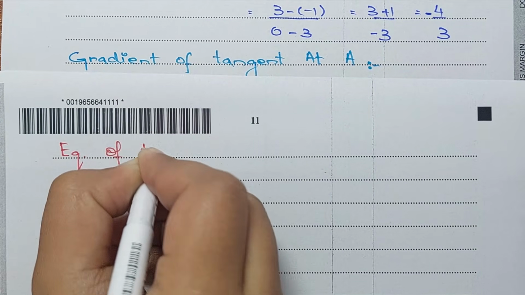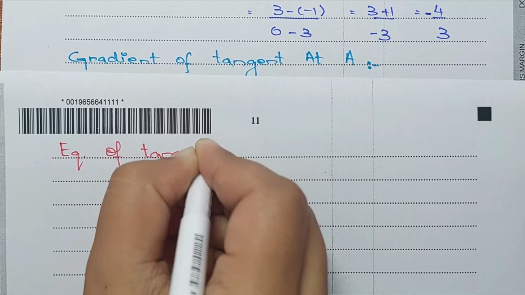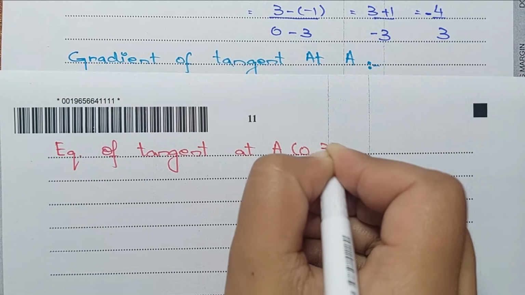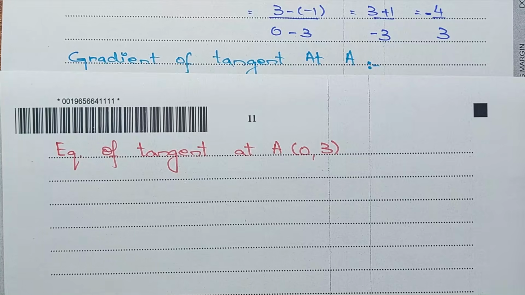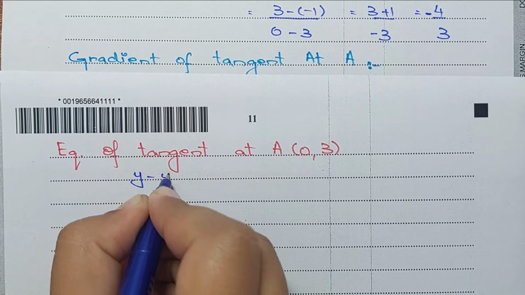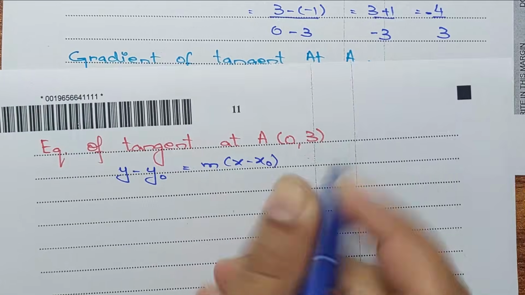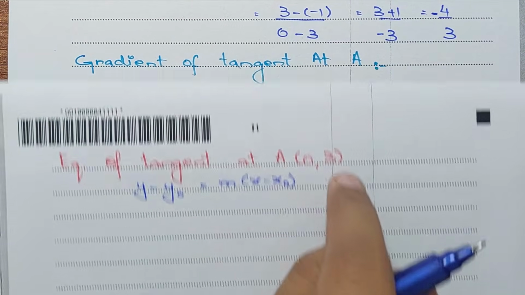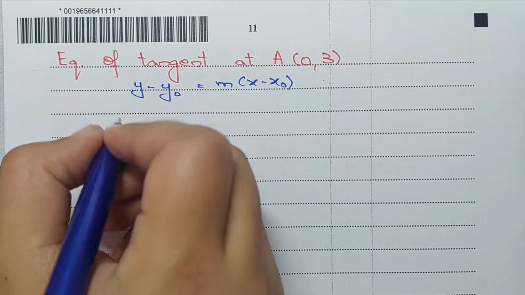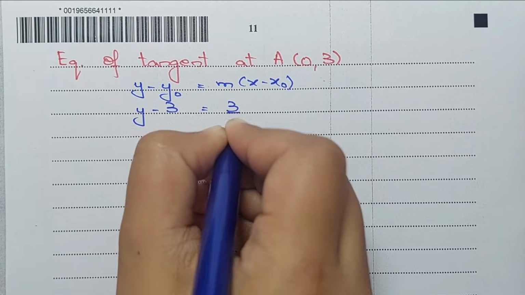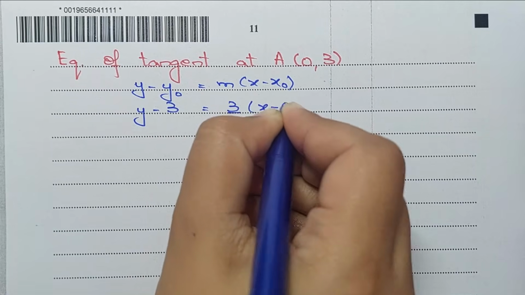Now let me write down the equation of tangent at A. A coordinates are 0 and 3, right? So the equation of tangent is basically y minus y naught is equals to the gradient into x minus x naught. This x naught is 0, y naught is 3, and the gradient is 3 by 4. So let me write it down. Y minus 3 is equals to 3 by 4 into x minus 0.